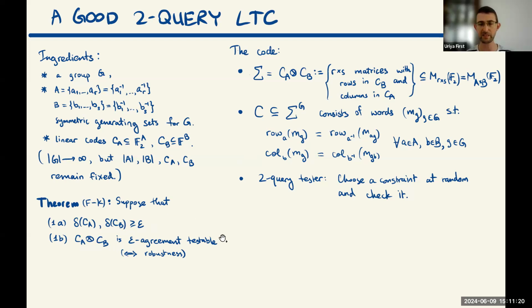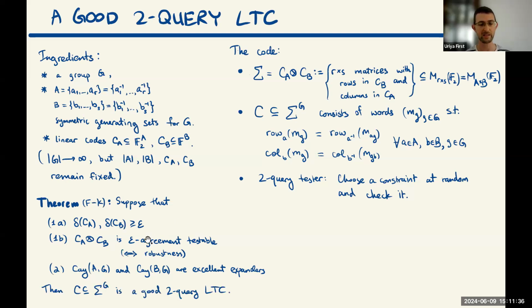I will not define this, but it is equivalent to robustness of the tensor code. In addition, assume that the Cayley graphs of G associated to the generating sets A and B are excellent expanders. How good? Depending on epsilon. Let me not go into this. Then this code C contained in sigma to the G is a good two-query LTC with that tester.